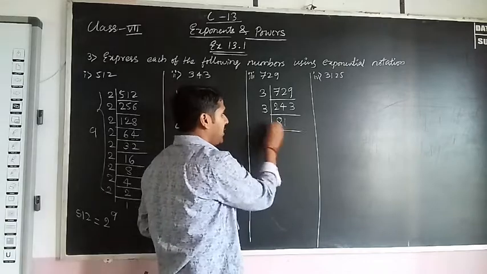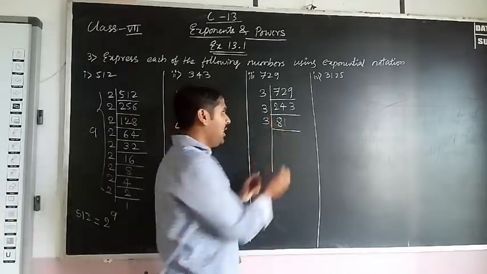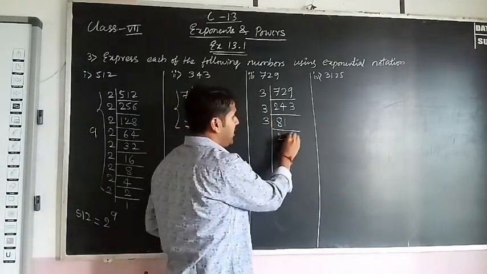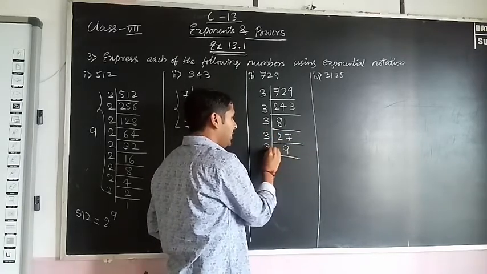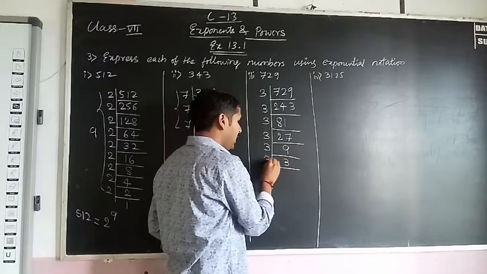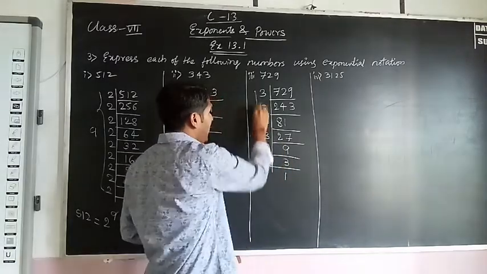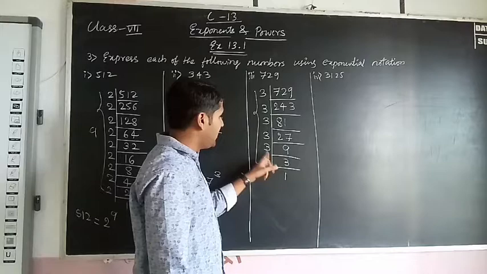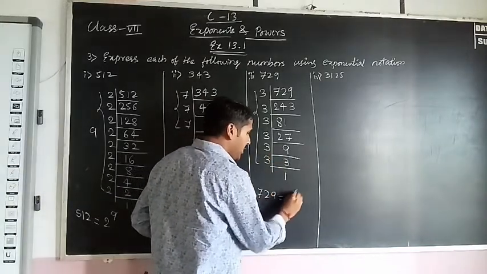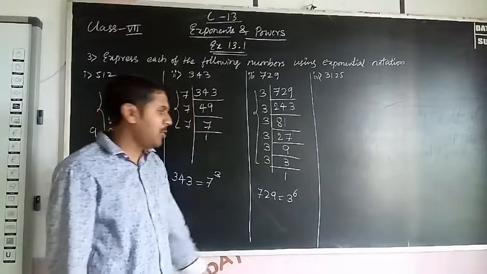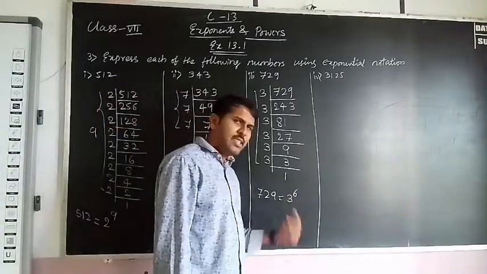Next again 3. 3 7s are 21. Next 3 9s are 27. Next 3 3s are 9. Next 3 1s are 3. So total how many times? 3, 6 times. So 729 equals 3 raised to 6. So here 3 is the base and 6 is the exponent.